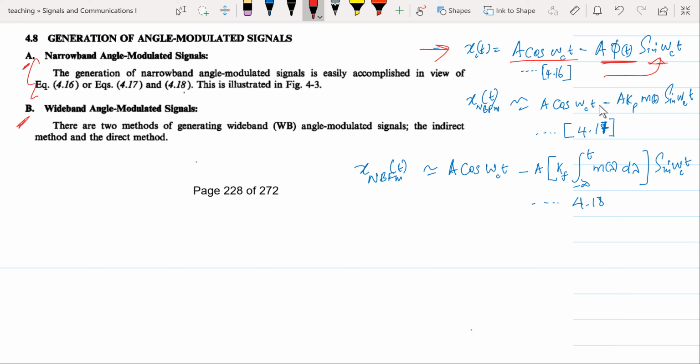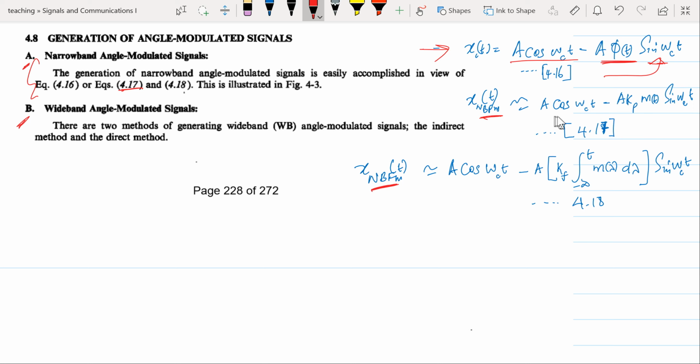We also define equation 4.17 that defines the narrowband phase modulated signal, and equation 4.18 that defines the narrowband frequency modulated signal. Therefore, for us to generate that, we can directly look at these equations and see how we can generate each of these signals.